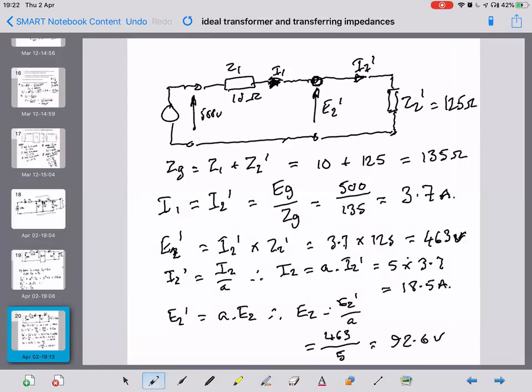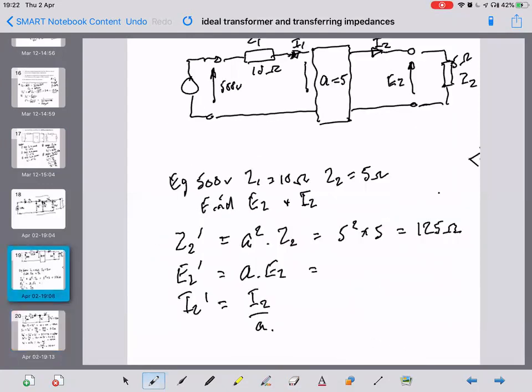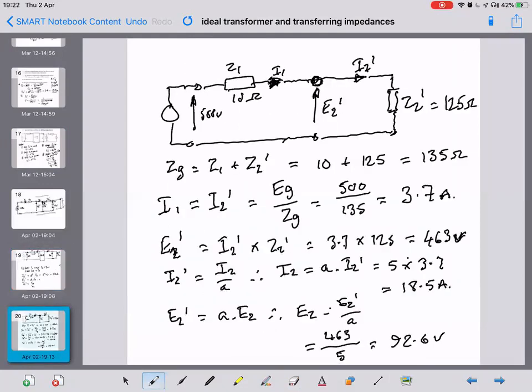If this problem was originally just a normal ideal transformer problem without that Z1 being in there, you put 500 volts in and expect to get a fifth, about 800 volts. But because we have that resistance in the primary winding, we're putting 500 volts in and getting 92.6 volts out.